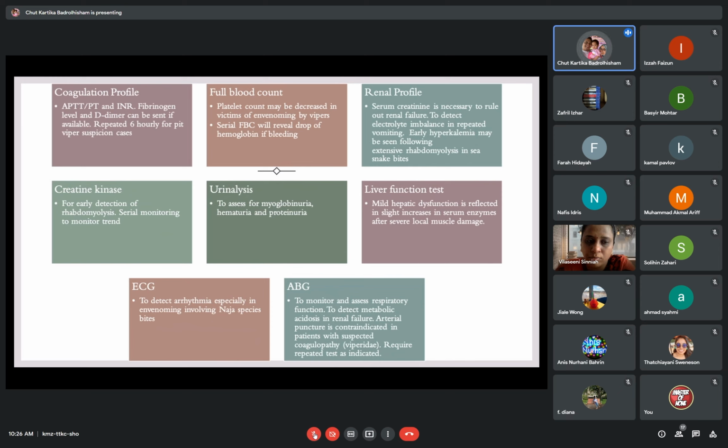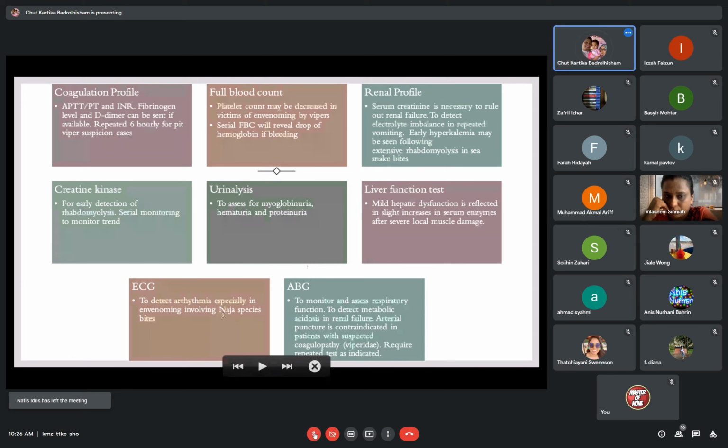Urinalysis to assess for myoglobinuria, hematuria, also proteinuria, and then LFT for hepatic dysfunction, usually, because the serum enzymes are released because of the local muscle damage. Also an ECG may detect arrhythmia, especially in patients bitten by Naja cobra species.